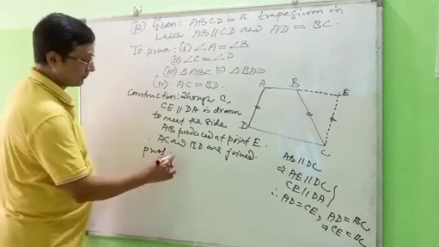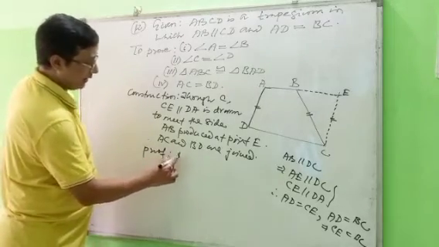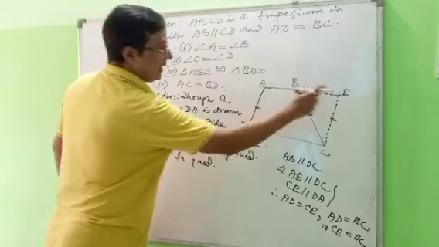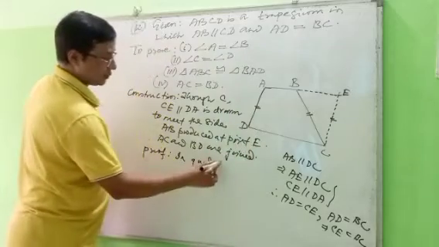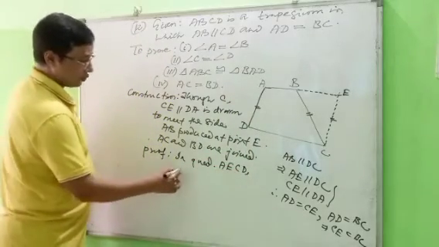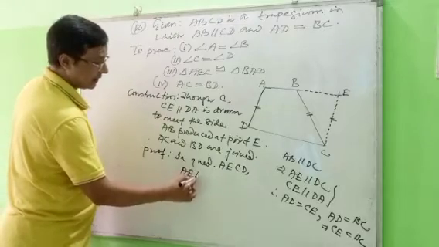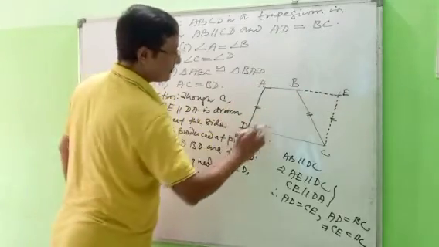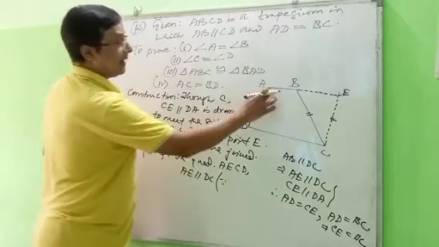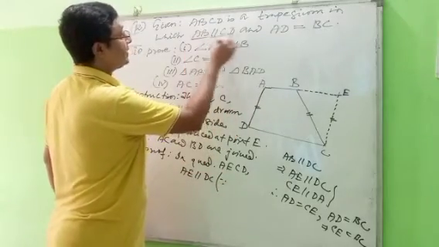So here in quadrilateral AECD, AE is parallel to BC. Why? Because it is given that AB is parallel to CD.